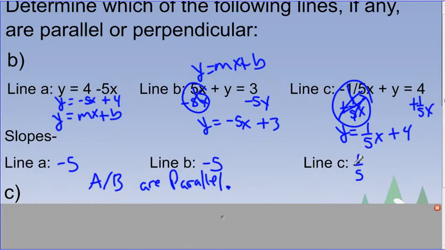It's opposite because the signs are different. And it's the reciprocal because if you take 5 as a fraction and you flip it upside down, you're going to get 1/5. So this line C is perpendicular to these.